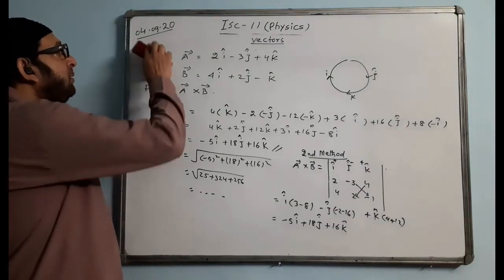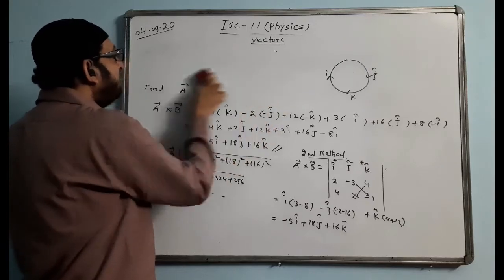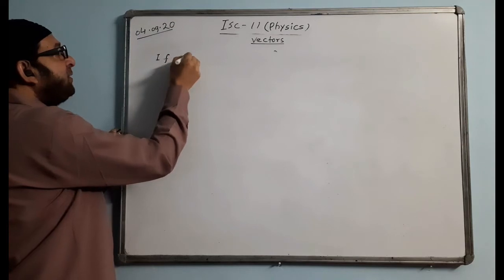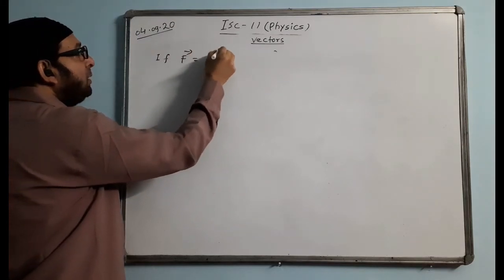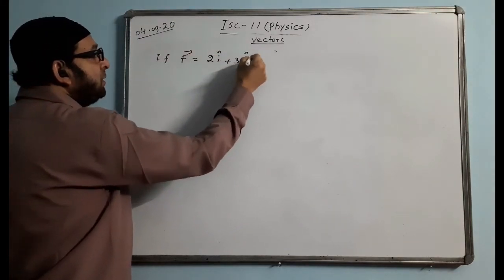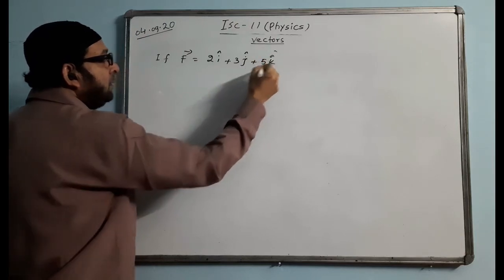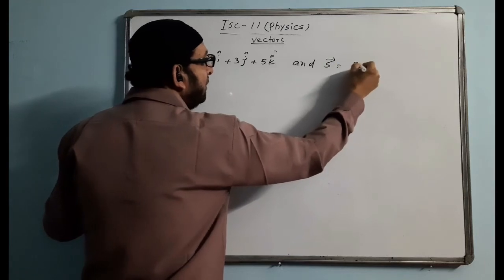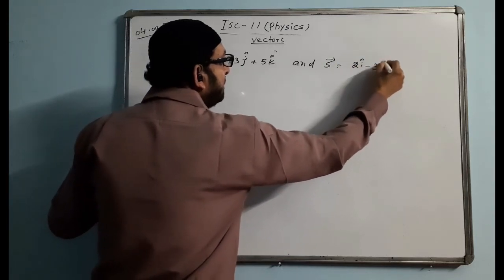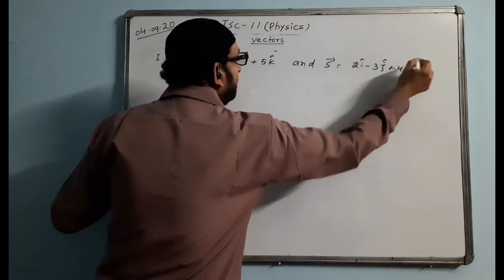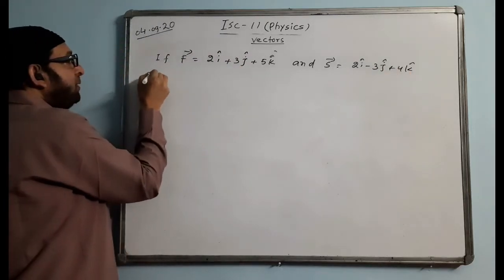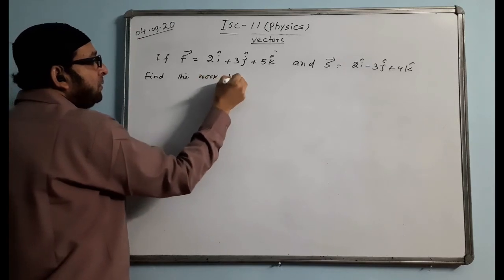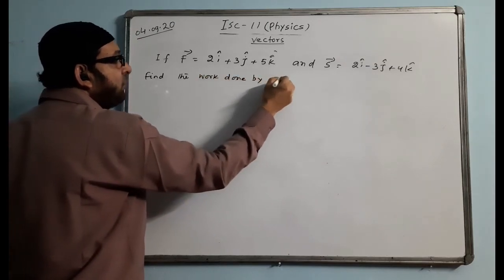Now see one numerical, which you can try at home as homework. If F is given as 2i plus 3j plus 5k and displacement is given as 2i minus 3j plus 4k, find the work done by the force.